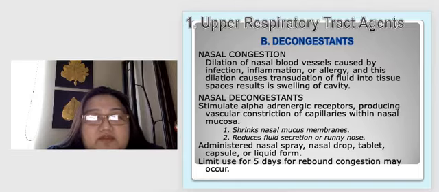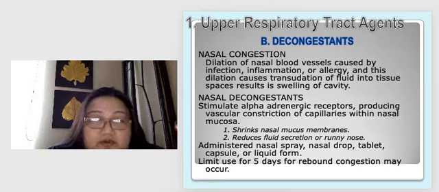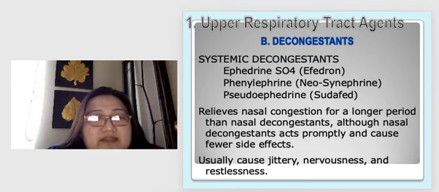It can be administered through nasal spray, nasal drop, tablet, capsule, or in liquid form. Now, when you take decongestants, it's important not to use it more than 5 days because rebound congestion may occur. Ang mga systemic decongestants, ephedrine, phenylephrine, and pseudoephedrine also relieves nasal congestion, but it's for a longer period of time than the nasal decongestants.